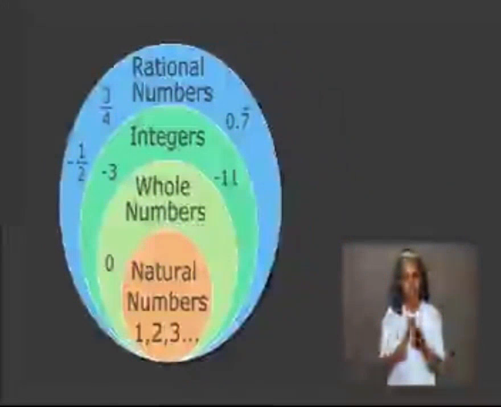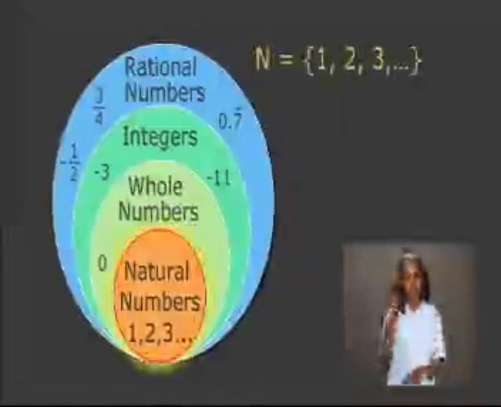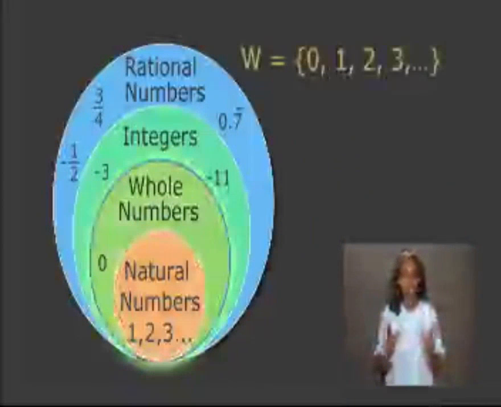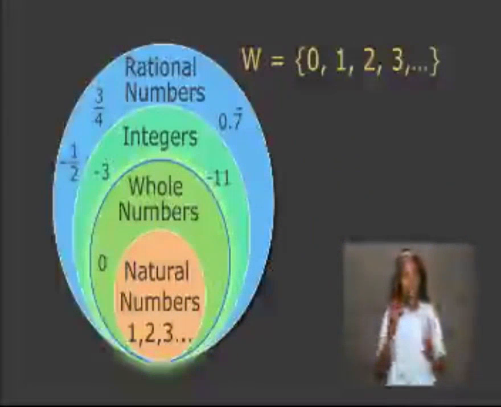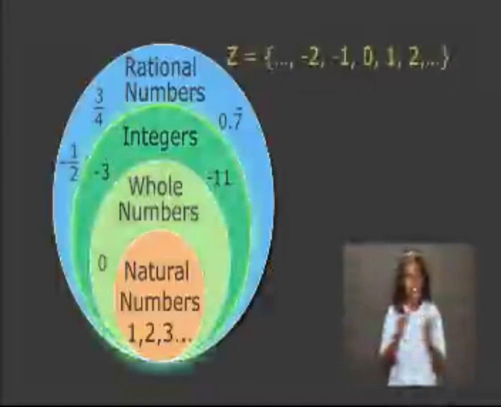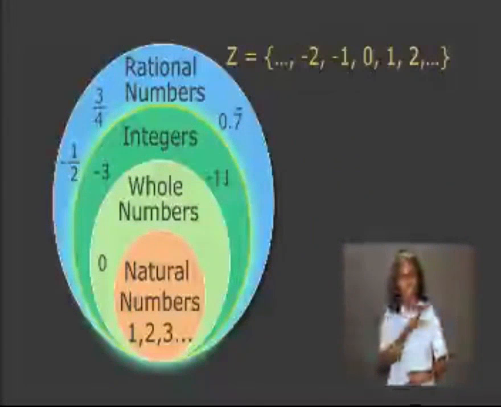The set of natural numbers is denoted by N and includes all numbers greater than or equal to 1. The set of whole numbers denoted by W includes 0 and all natural numbers. The set of integers is denoted by Z and includes negative, 0, and positive numbers.